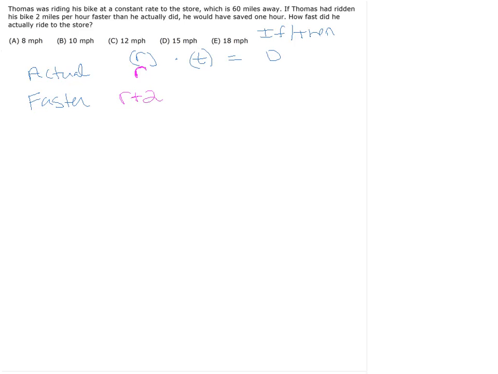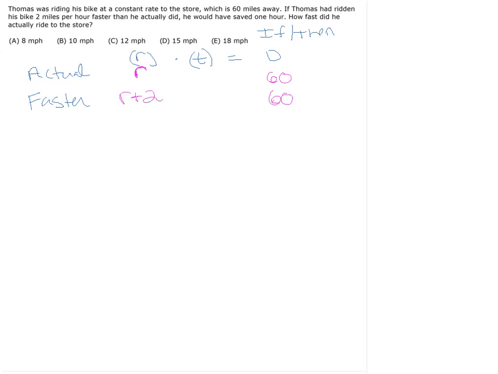Now, notice that the store is 60 miles away in both scenarios, right? It doesn't matter how fast this guy rides his bike, the distance to the store is not going to change. So this is the first time you guys have seen this tonight, but it's in line with what I said. Once you have 2 columns filled in, usually all you have to do is perform the right calculation to get the third.